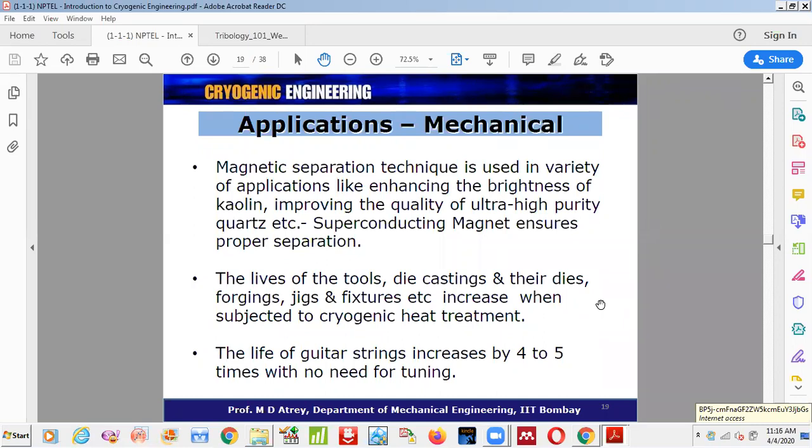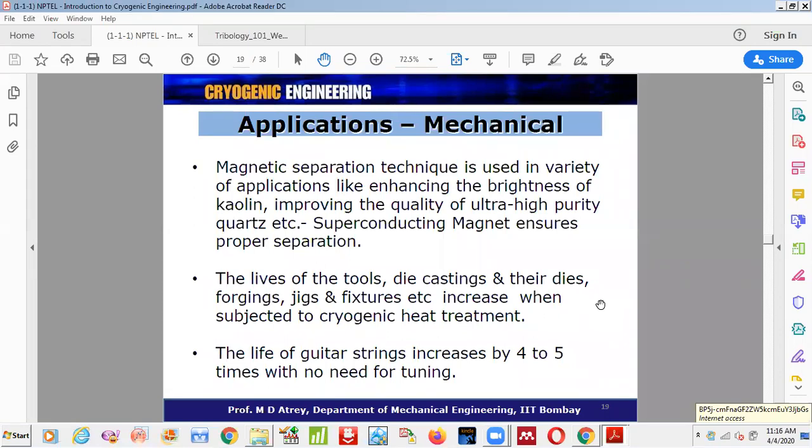Now here, the magnetic separation technique of separating the gases uses superconducting magnets. Superconducting magnets means the magnet doesn't have any resistance to the flow of electrons. That is what we generally call superconducting materials. These superconducting magnets will be used in order to separate the gases.